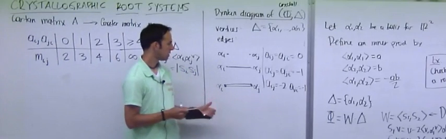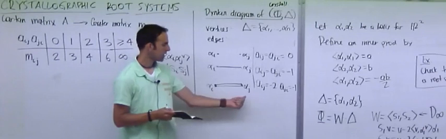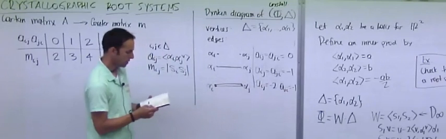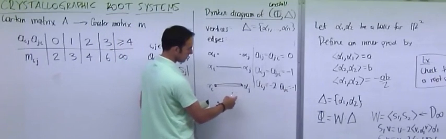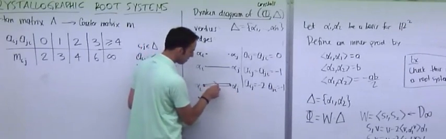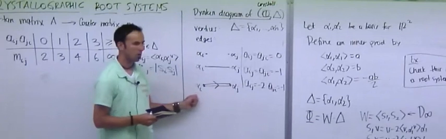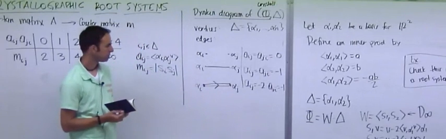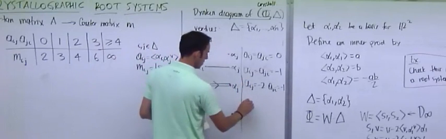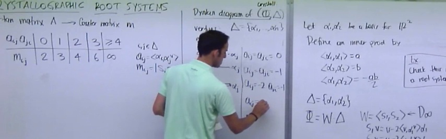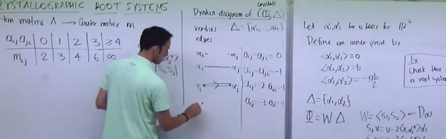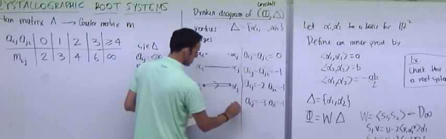I know that the length of i divided by the length of j is basically the square root of 2. That means that this one is longer than this by a factor of square root of 2. And so I put an arrow to indicate that out of these two roots, this is the long one, this is the short one. Okay. Now you can imagine what I do in the next case is the same thing. Now I put a triple edge.